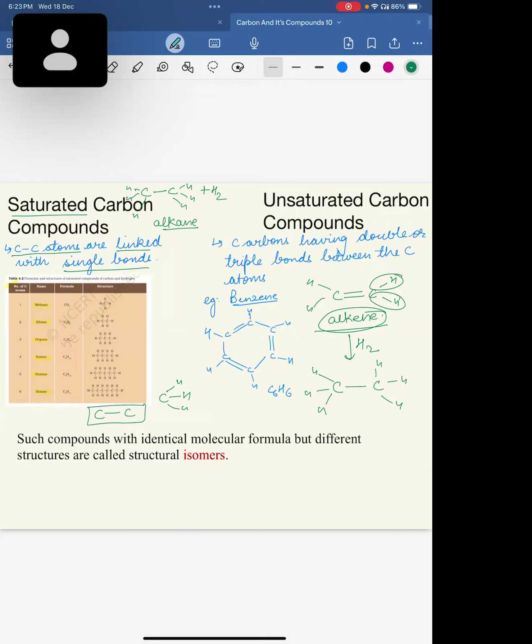If we find a carbon-carbon single bond everywhere throughout the molecule, it's a saturated carbon compound. But if in this carbon compound we get a double bond anywhere, that is, we can now add something to it, it has become an unsaturated carbon compound. So if a carbon compound has any double bond or triple bond between the carbon atoms, then it will be unsaturated.